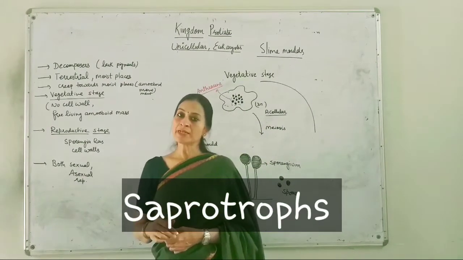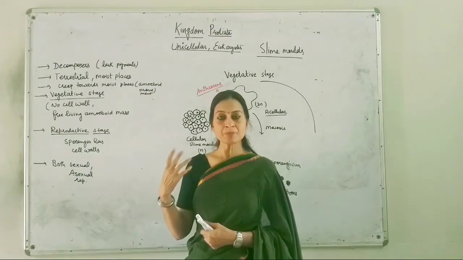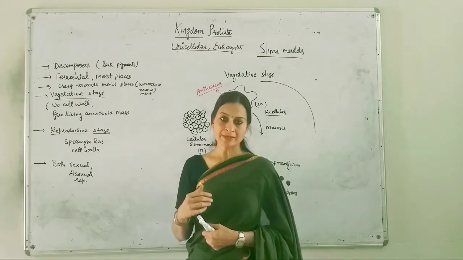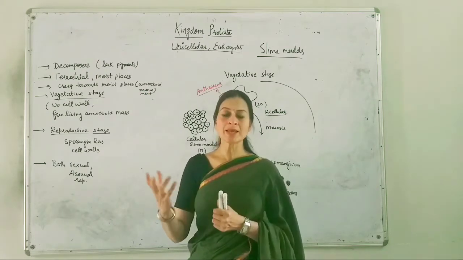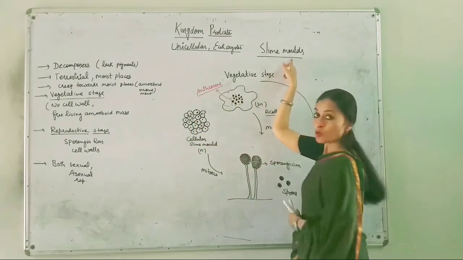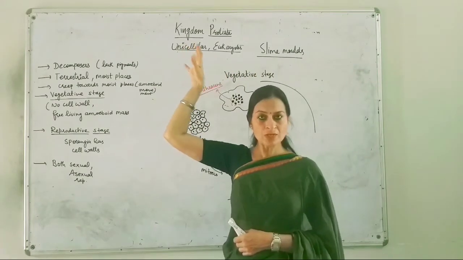Saprotrophs are those organisms which depend for their food material on dead and decaying matter. This is actually a fungus-like feature, and this term mold is also related to the fungus.